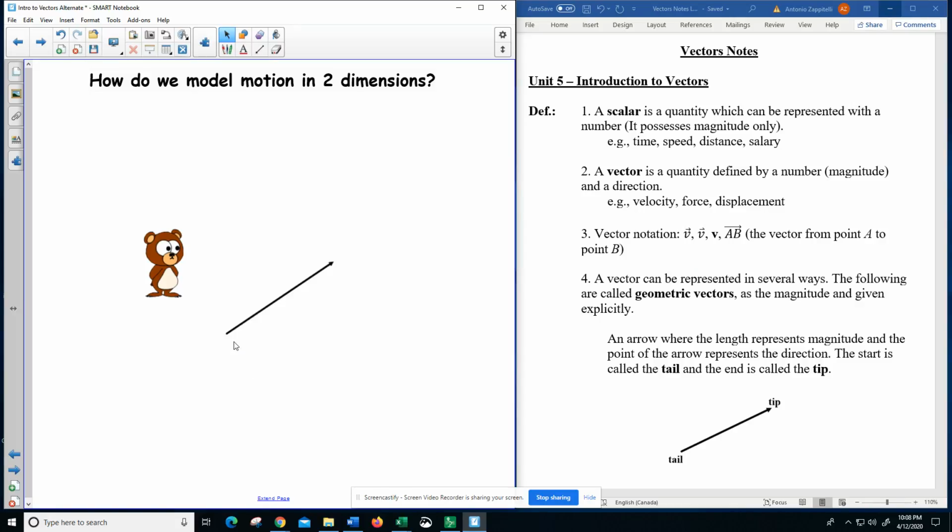Well, that's because the length of the arrow can represent the idea of magnitude, or that numerical component, and then the tip of the arrow can represent the direction. Now this doesn't mean that because the arrow, say, is 4 centimeters long, that the magnitude is necessarily 4. You could have a scale for which each centimeter represents 4 meters per second, say.